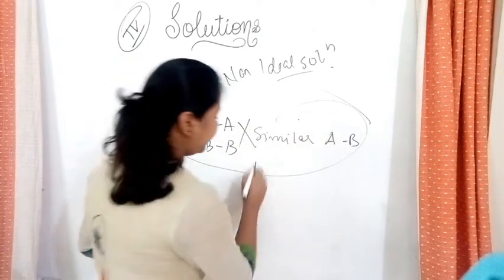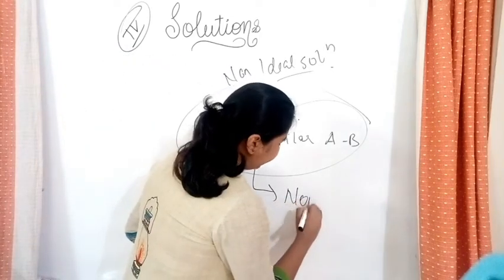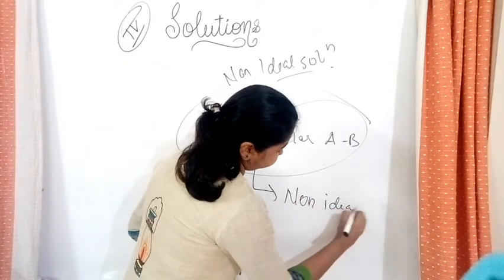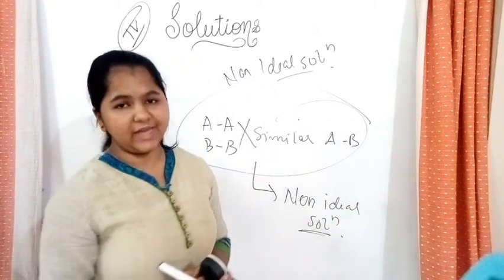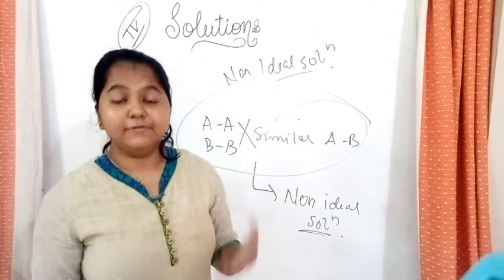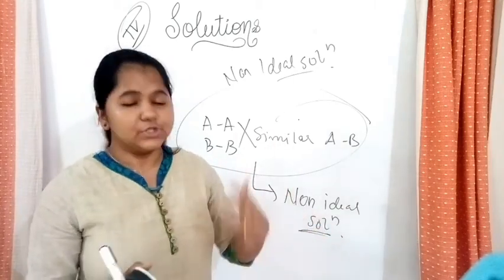Then here comes the formation of our non-ideal solution. So non-ideal solutions are formed as a result of not obeying Raoult's law, so there is some deviation.